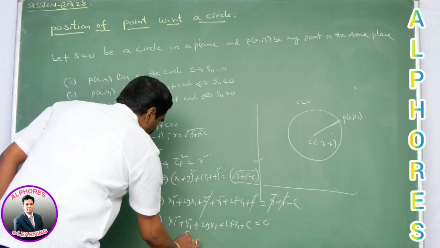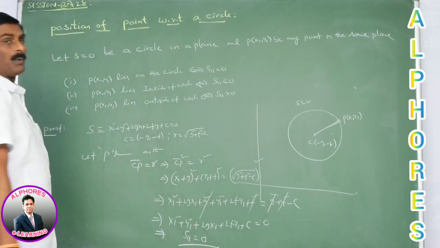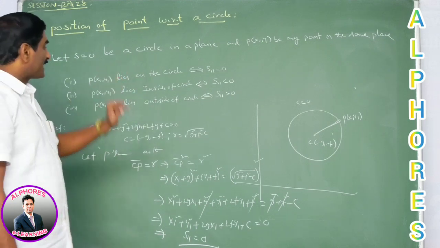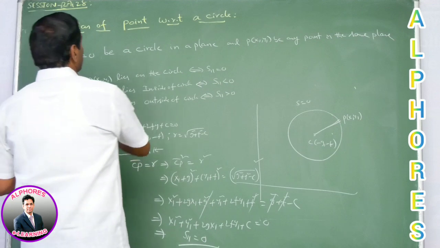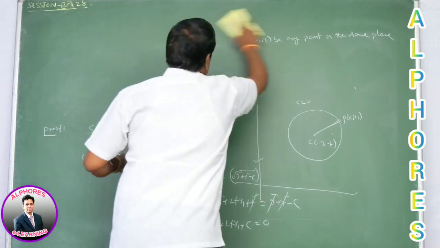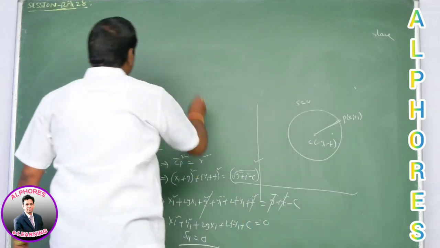It is nothing but S11 is equal to 0. If the point lies on the circle, then the condition is S11 = 0. Okay. Next, second one. If the point P(x1, y1) lies inside of the circle, then S11 < 0.